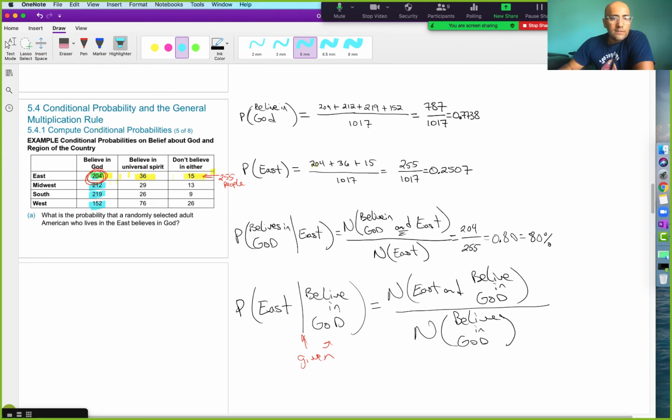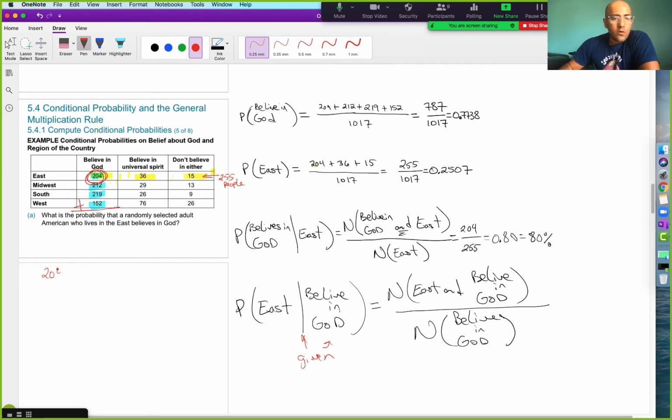These are all the ones that believe in God. Given that I'm focusing on just these people, what's the probability that they live in the East? That's this number divided by the sum of all of these.